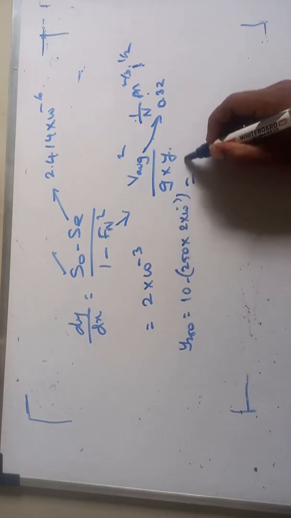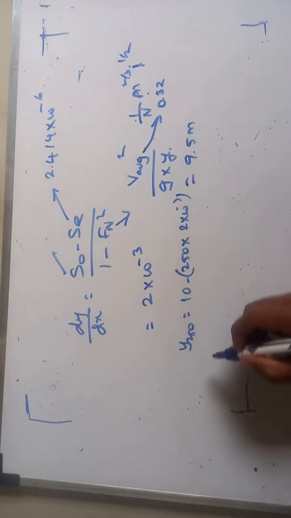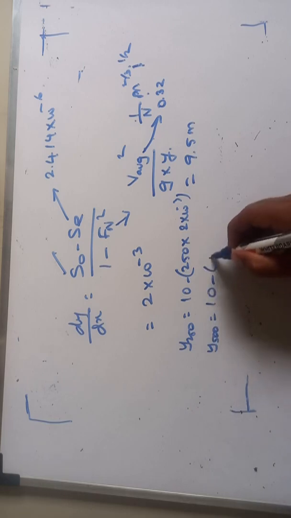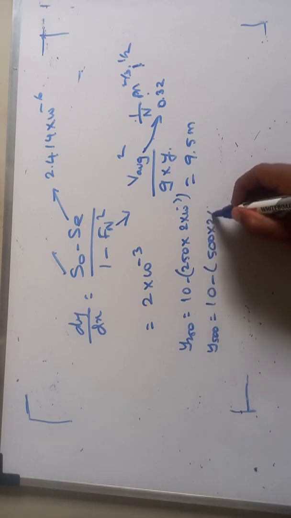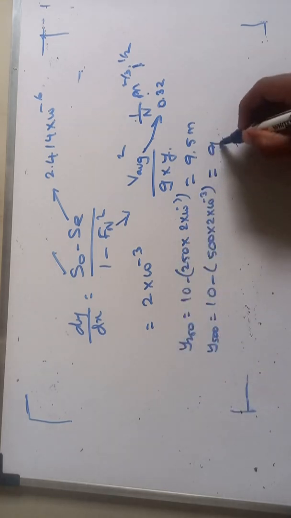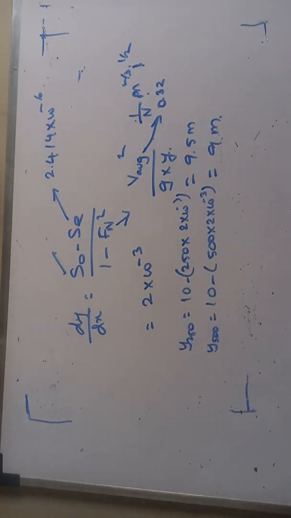If I substitute, I will get 9.5 meter. Like that, y at 500 is equal to 10 minus 500 into 2 into 10 power minus 3. If I substitute, I will get 9 meter. So this is the problem which we solved using the standard step method. So with this, we are completing unit 2. Thank you.